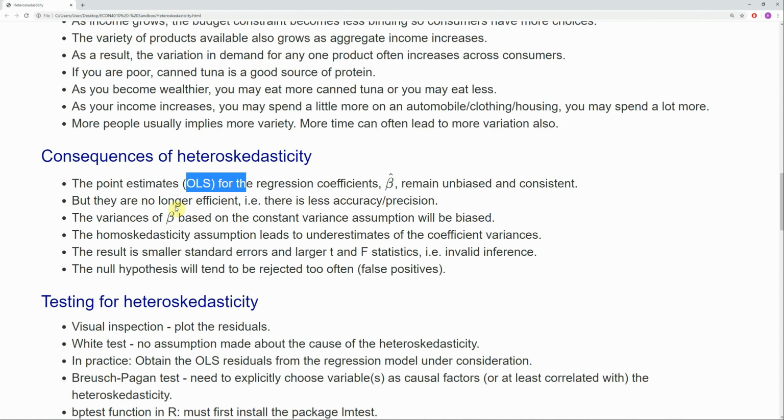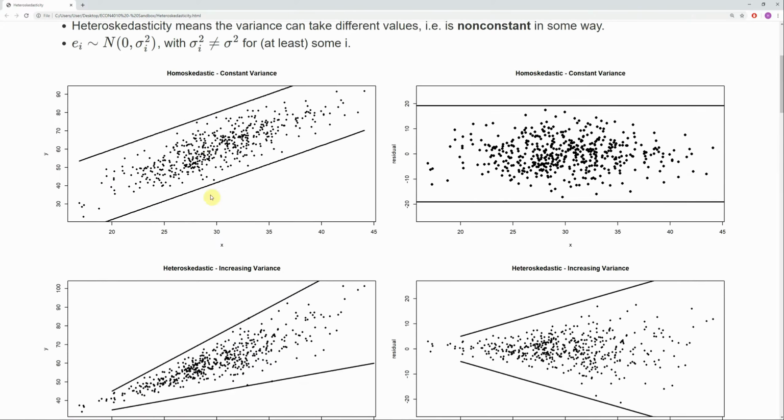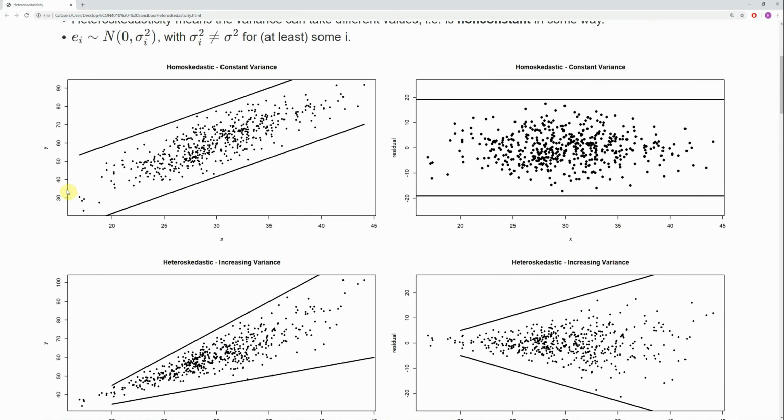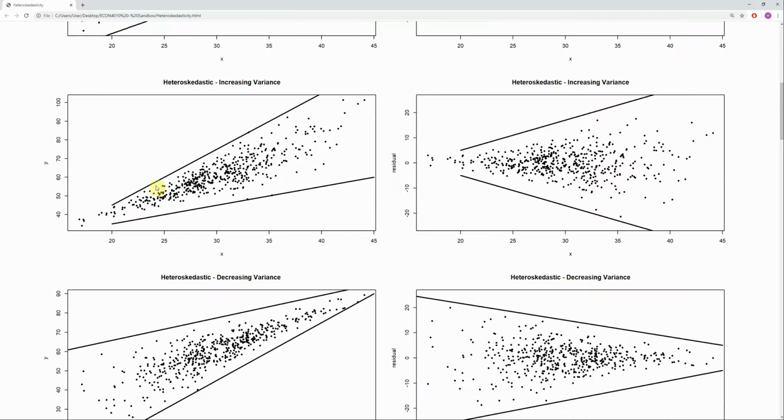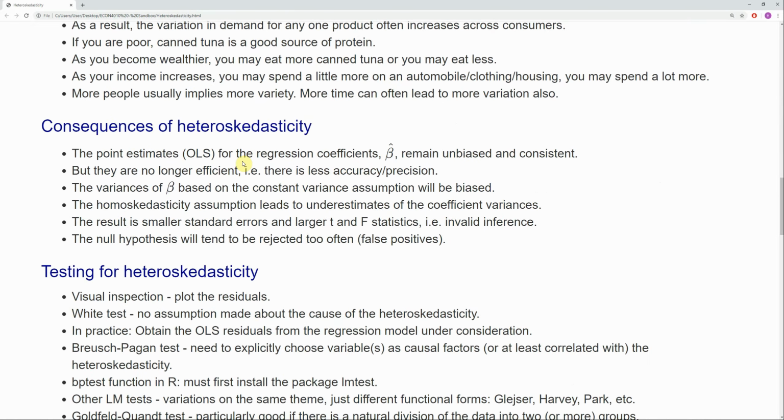So nothing is going to happen to your coefficient. In a situation like this, the line was going up at this angle, and it's going to go up at the same angle. But what's going to happen is that the variance is the problematic thing.